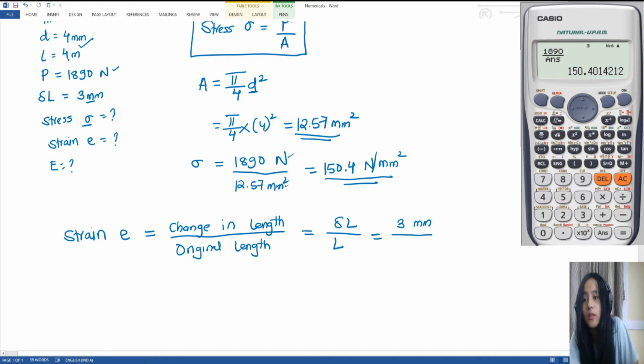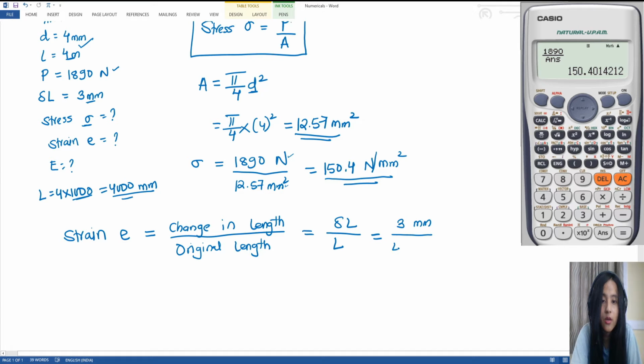Now the original length is in meter, so we need to convert this meter into mm. How do we convert this meter into mm? So our length will be equal to 4 into 1000. If we multiply it with 1000, meter will be converted into mm. So we have 4000 mm. So I have converted its unit, so we can use this one here, divided by 4000 mm. So here mm gets cancelled, and hence strain will not have any unit. Strain is unitless.